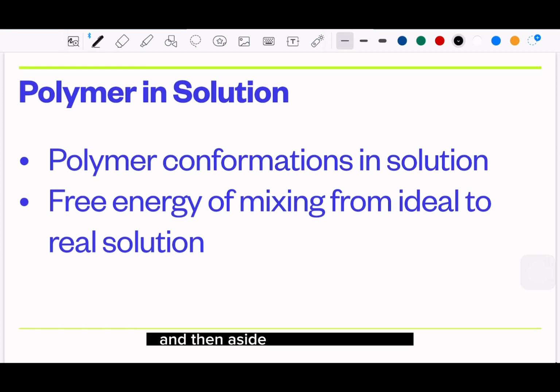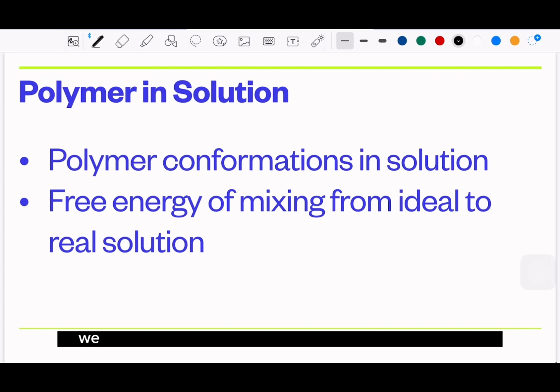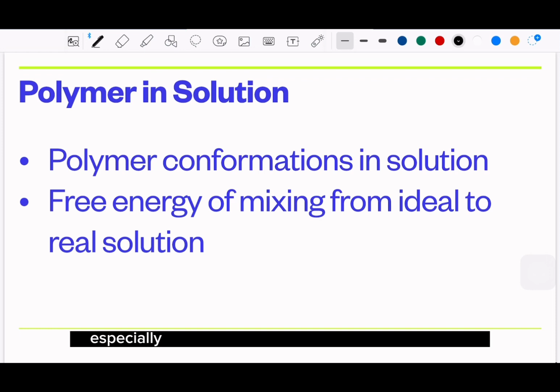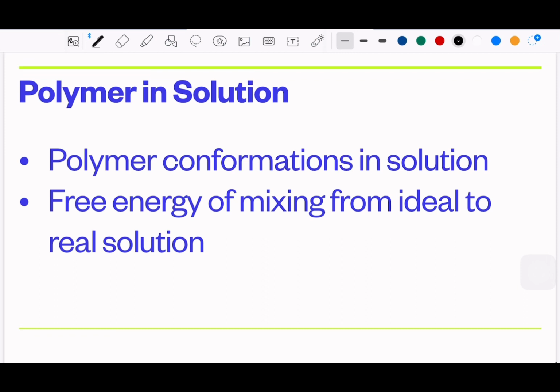And then, aside from the structure, we can also understand polymer through thermodynamics, or free energy, especially if we want to mix the polymer with solvent or with other polymers. We're going to see these two things.